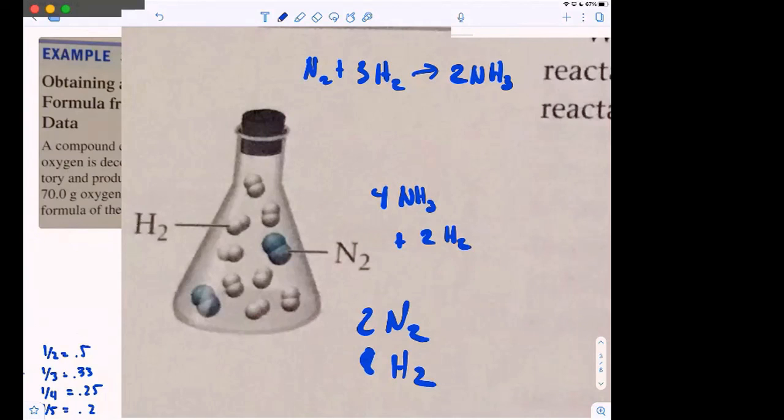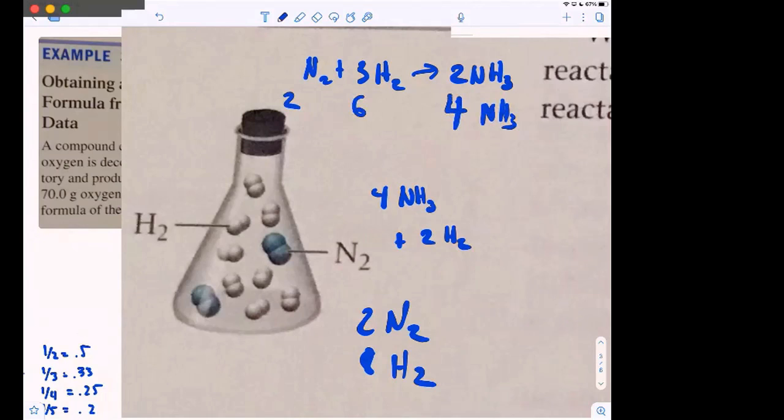So we have N2 plus 3 H2s makes 2 ammonias, and we have 2 nitrogens, and that's going to consume 6 hydrogens, and we're going to make 4 ammonias. The part of the problem is since we have 8 hydrogens, it's not divisible by 3.